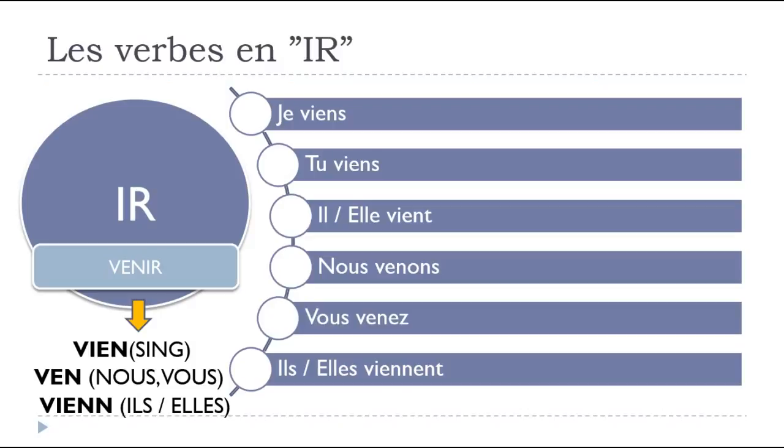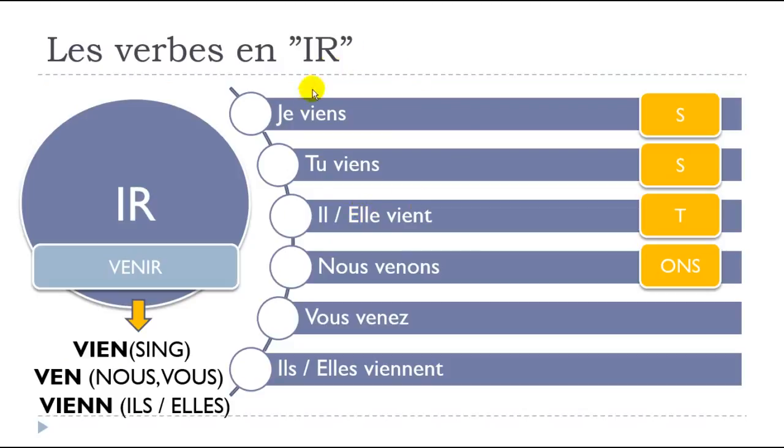Okay, and so this is normally what is difficult, trying to remember how to conjugate them, and especially keeping in mind that for the singular you will put this VIEN, and then you will add S for je, S for tu, and T for il, elle. And phonetically it's the same form.